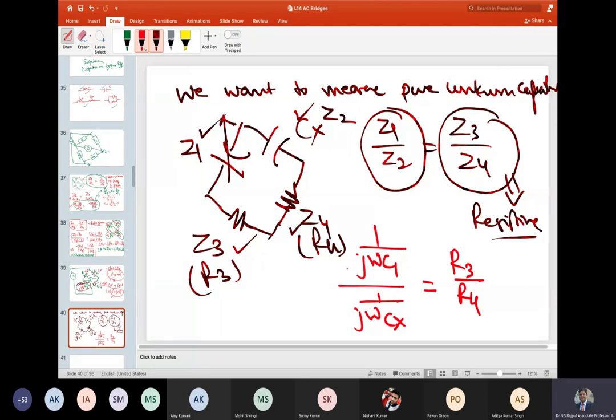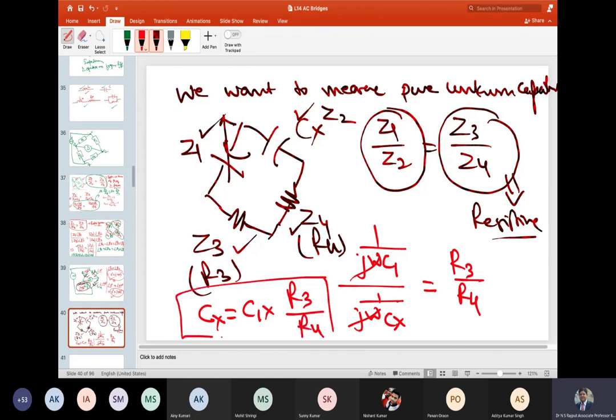So in this way, now j omega go off, cx come up, so cx is equal to c1 multiplied by R3 by R4.